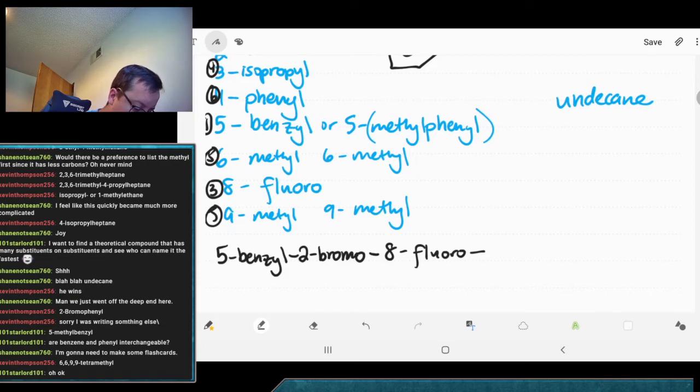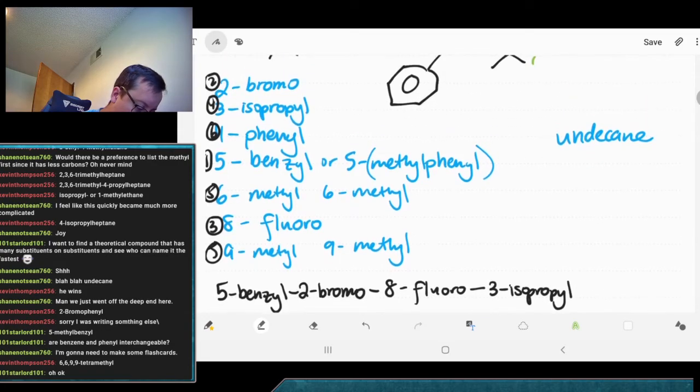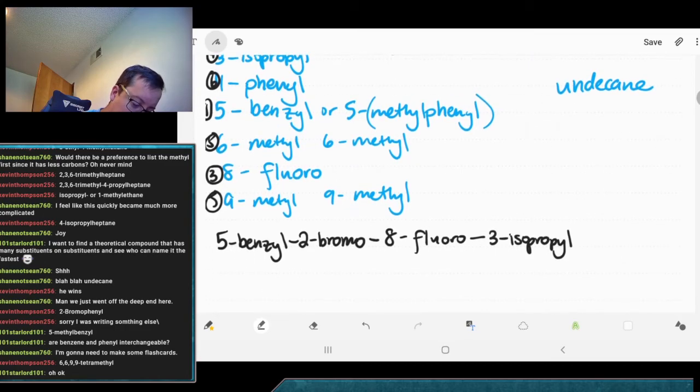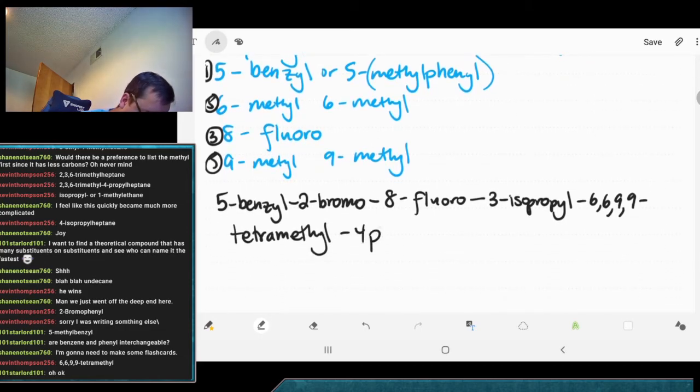Then after fluoro comes isopropyl. And then we have 6, 6, 9, 9-tetramethyl. And then 4-phenyl. Oops, left out what was this? Even undecane.